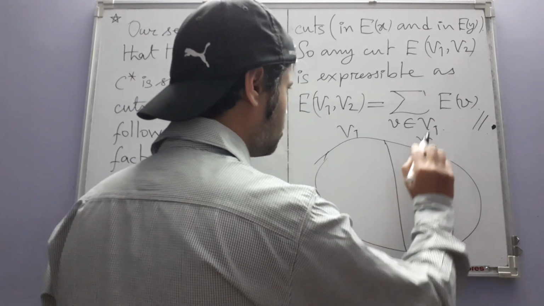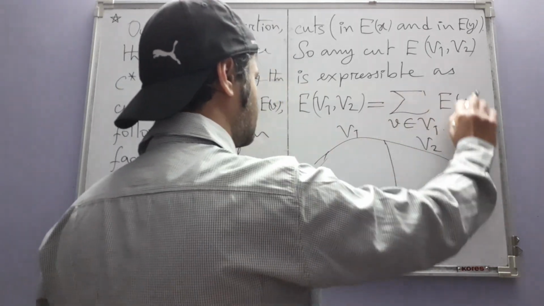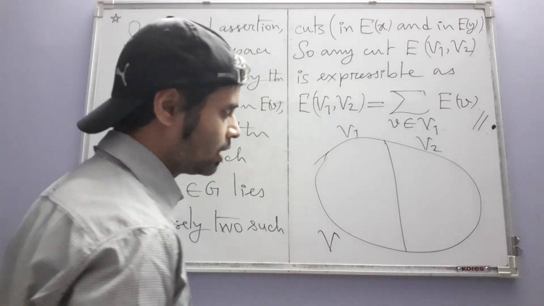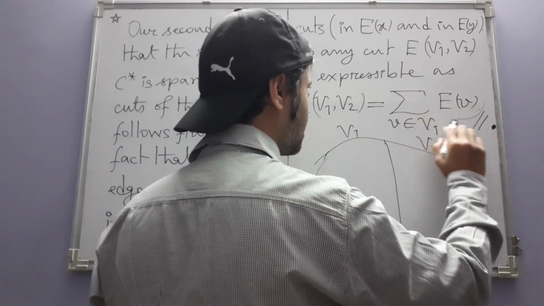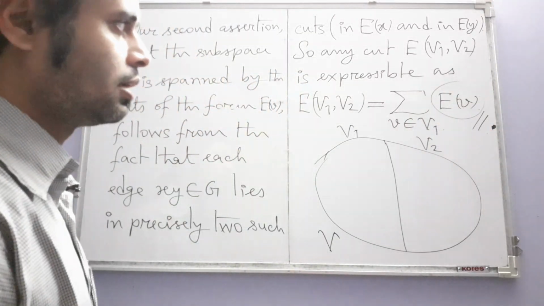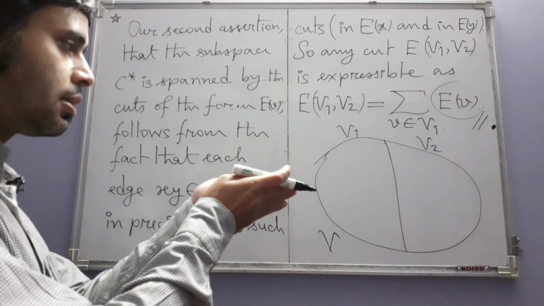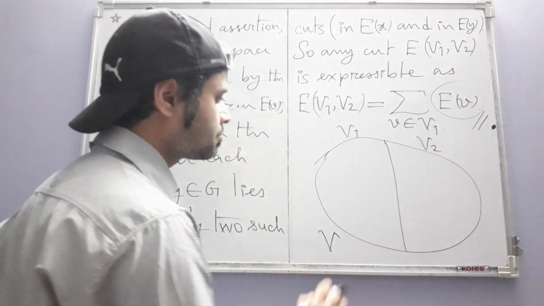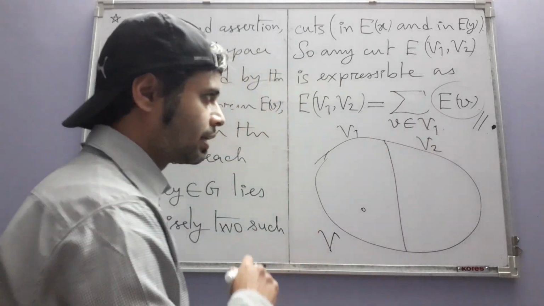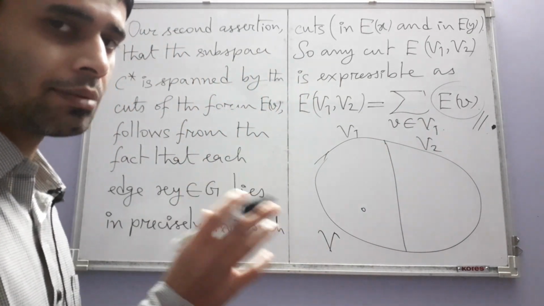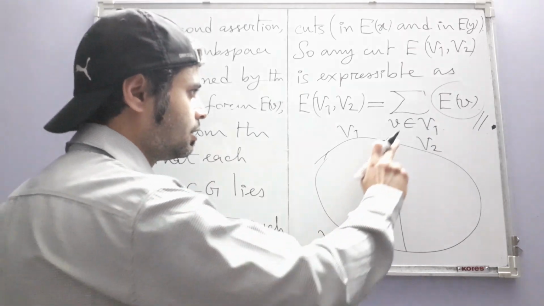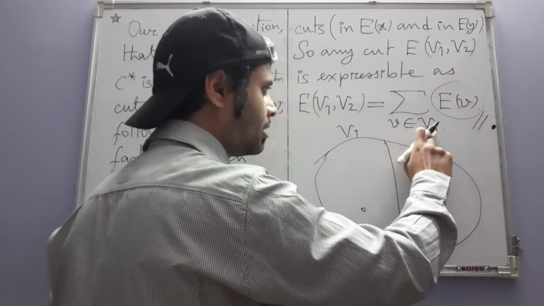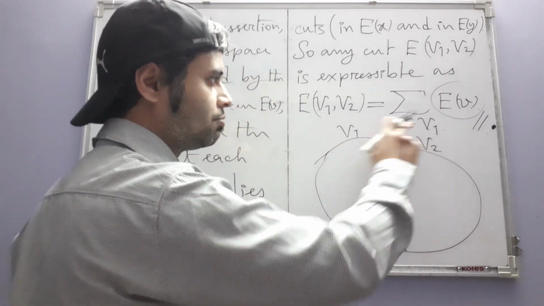But on the other hand, on the right side of the equation, we see a sum where we are considering the sum of these sets E of v, that means the set of edges emanating from v, one single vertex. By sum we again mean the sum in the vector space, that is symmetric difference, as the vertex v varies over V1.